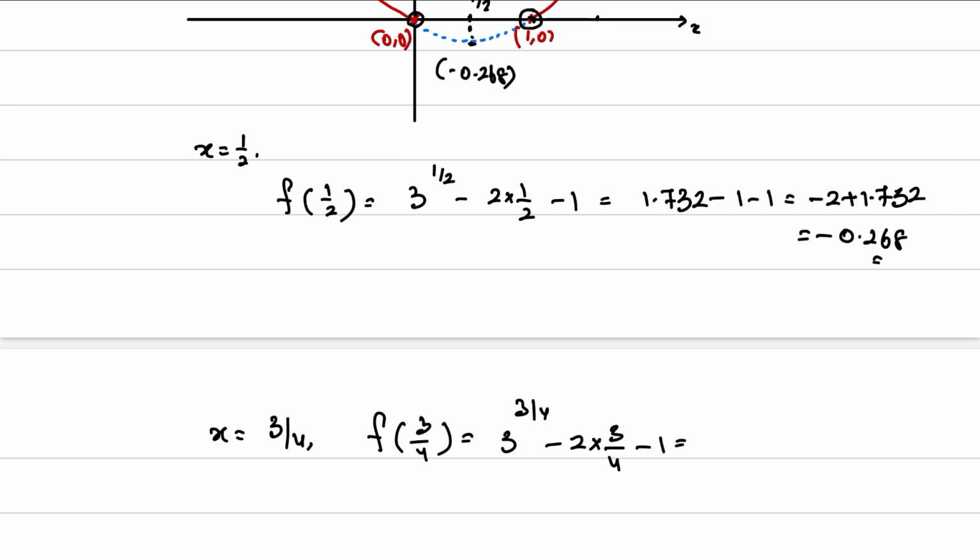Find out the value. Just have some idea. Rough idea. If you are not provided any calculator, please let's have a rough idea.